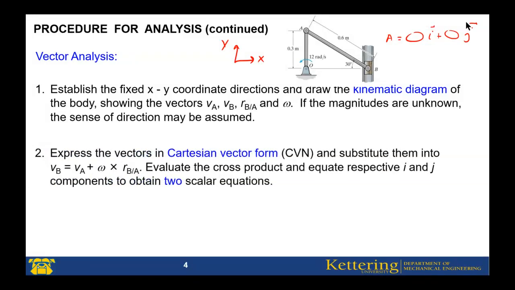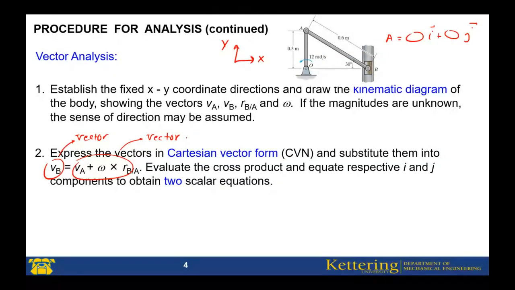Next step, we need to use this equation. Each of these terms, for example, this is velocity of the B, this is velocity of the A, omega, and R B with respect to A, you need to write each term in vector form, as you show here. Then you put into this equation and find the unknowns using two scalar equations. How can we use these scalar equations? When you write this, the left-hand side is a vector. The right-hand side is also a vector.